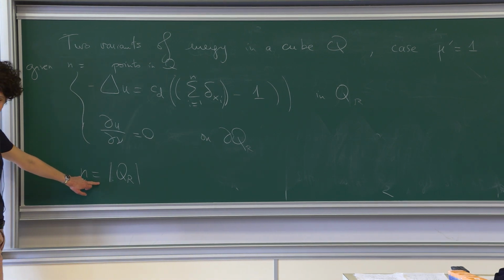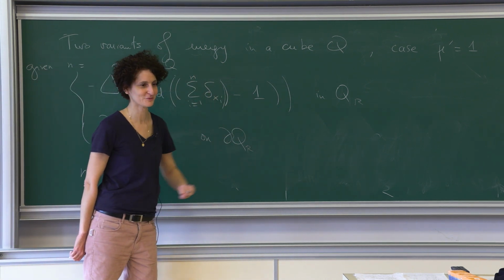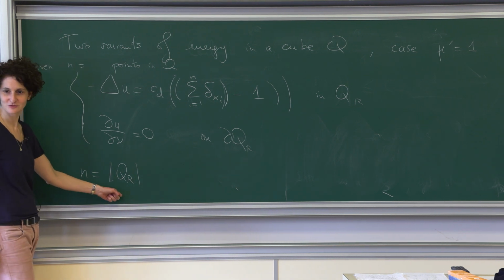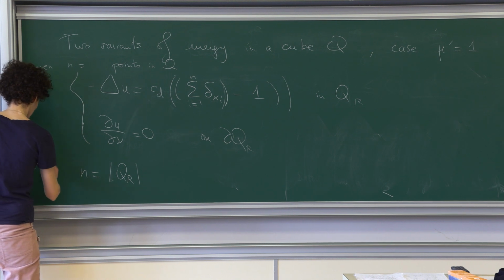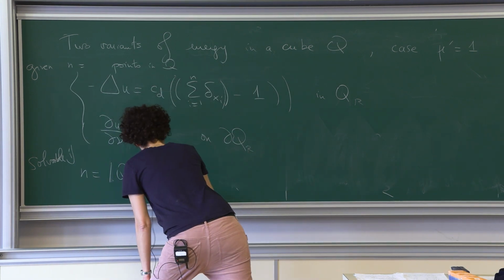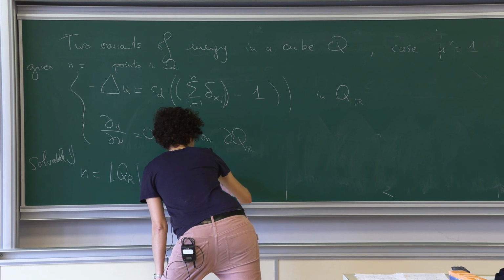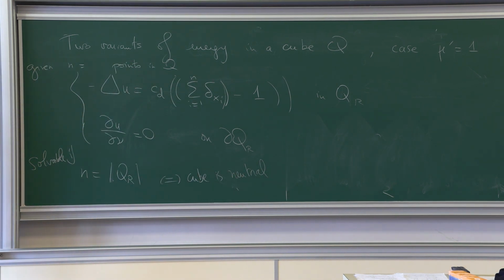You agree or not? Yeah, it's okay. N is the number of points here, and this integrates to the volume, right? So the number of points has to be equal to the volume. So this is solvable if the number of points is equal to the volume. And what that means really is that my cube is exactly neutral. Otherwise you cannot solve. Okay?